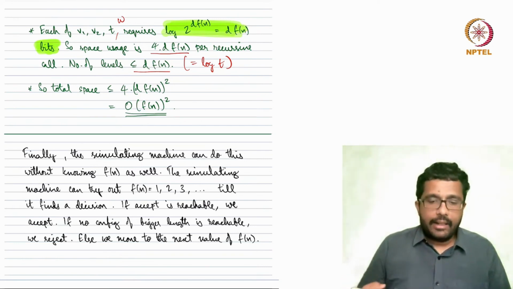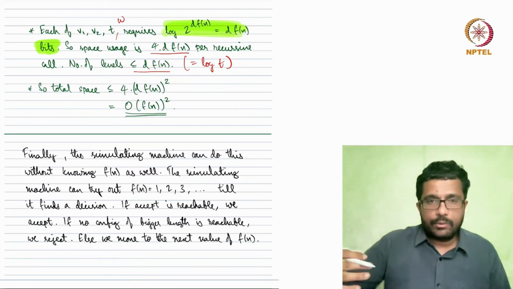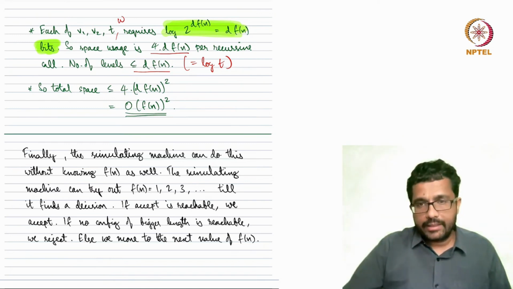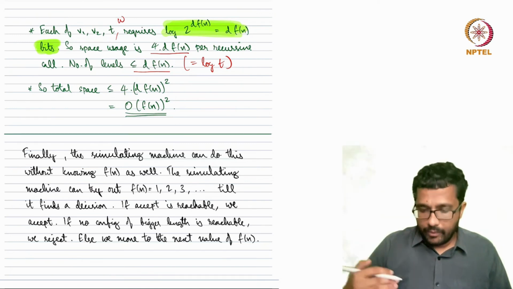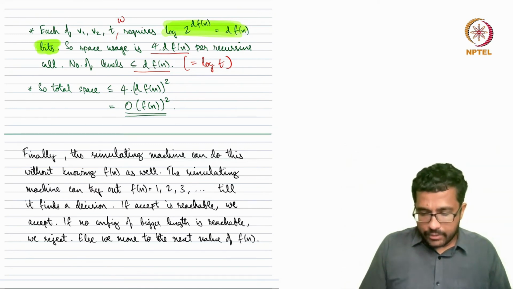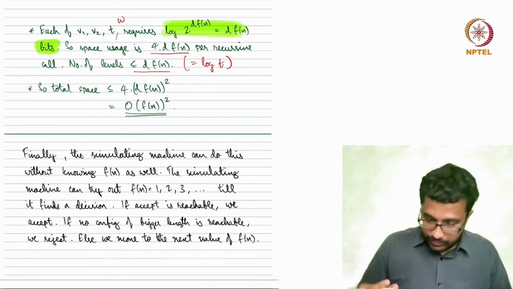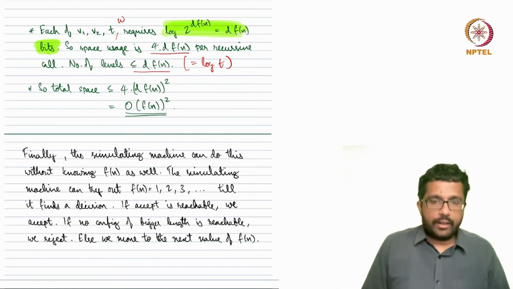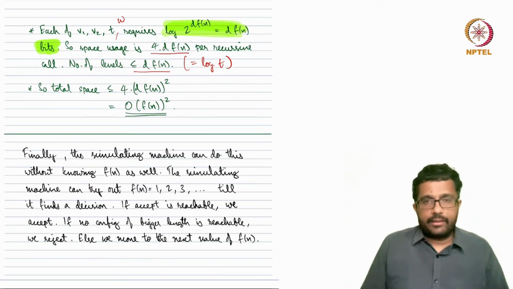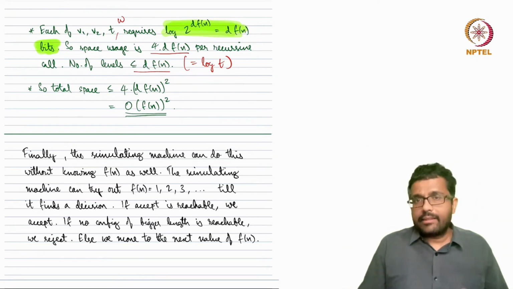At some point, trying out f(n) equal to some value and the next value is not going to improve things. When that happens, we know it is not reachable. So we can just try out one by one, and that will work even if we don't know f(n). So that is another small point.